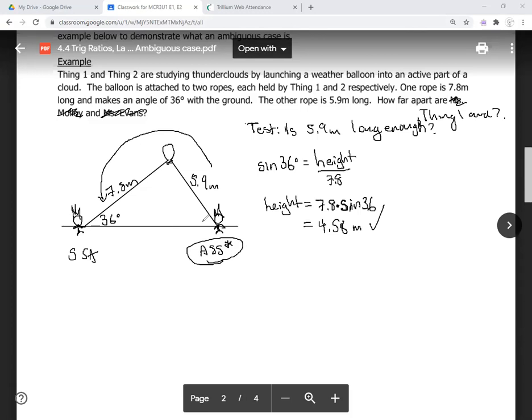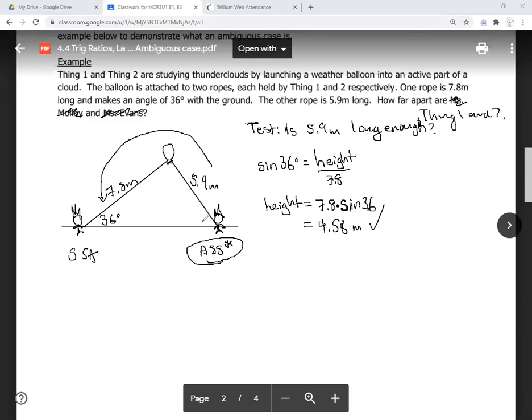What does the word ambiguous mean in English? Ambiguous is another way of saying unsure.